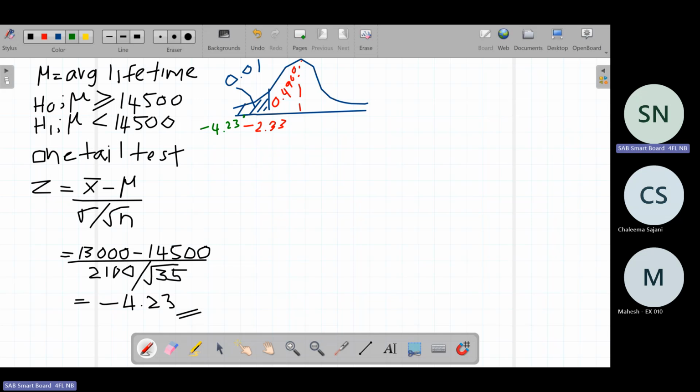Therefore, we reject H naught at 1% level of significance. This question says 1%.